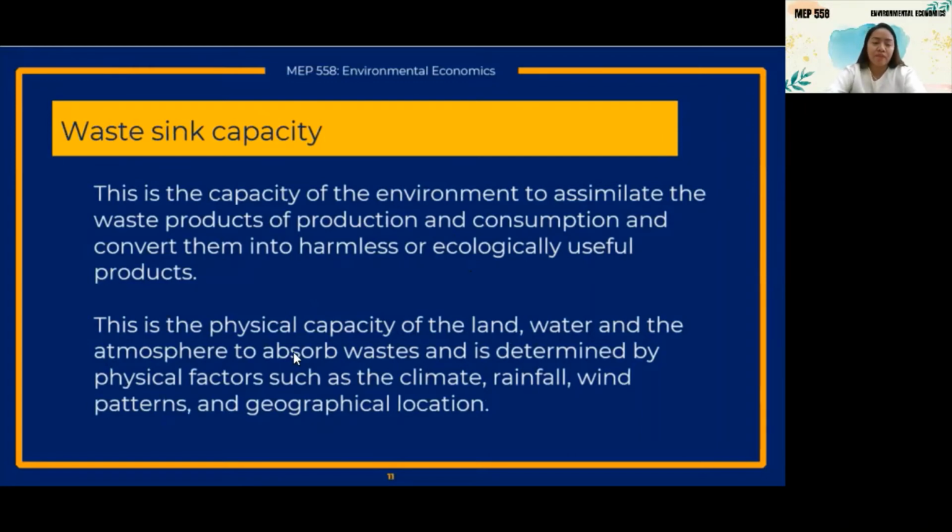Waste sink capacity is also the physical capacity of the land, water, and the atmosphere to absorb waste and is determined by physical factors such as climate, water, rainfall, wind pattern, and geographical locations.